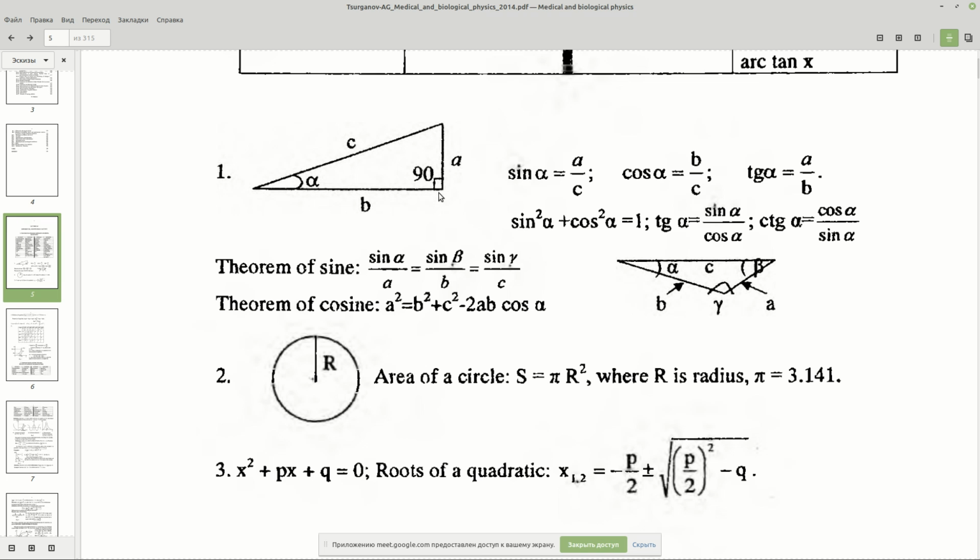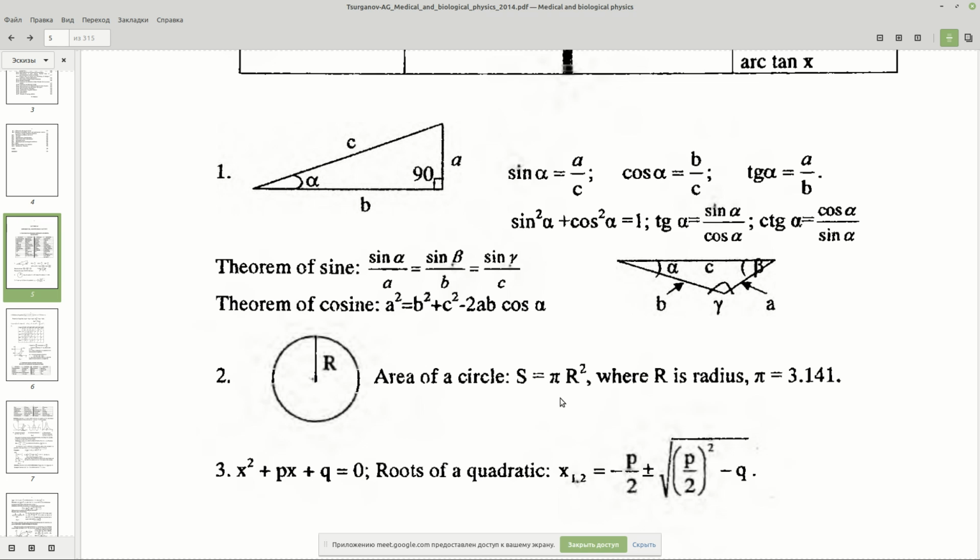Now the area of the circle: how to find the square of this circle. We need to make the ratio between the length of the line around the circle and the radius, and we know that it's the number pi, an irrational, very long ratio, a fundamental mathematical constant of our universe.